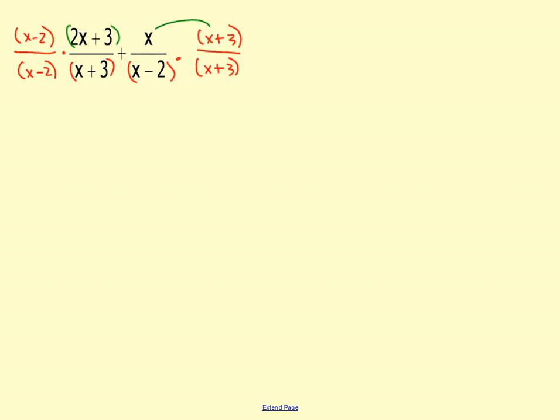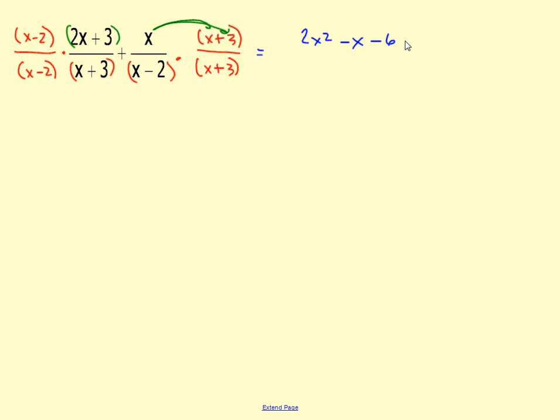Here I'm just going to distribute the x to each of these terms. So when I do that, my numerator is going to be 2x squared. I get 3x minus 4x is negative x, and negative 2 times 3 is negative 6, so that was multiplying these two together.